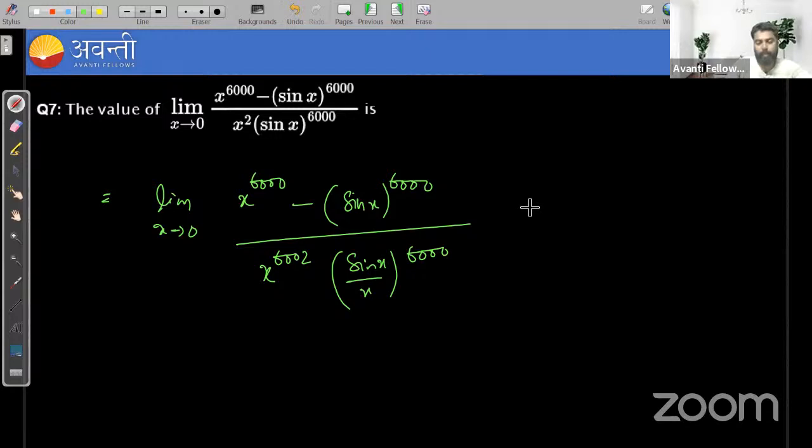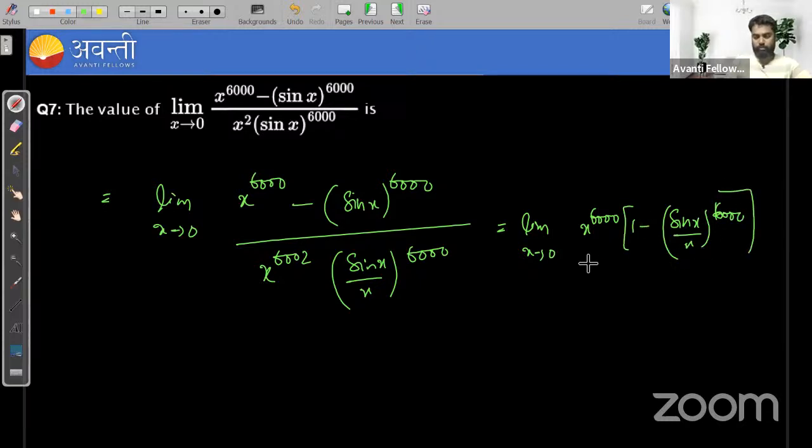If we take x^6000 as common in the numerator, what will we have? Let's see. The limit as x tends to 0 of 1 minus (sin x / x)^6000 divided by x^6002 (sin x / x)^6000.